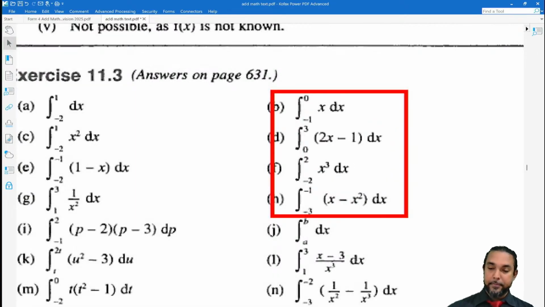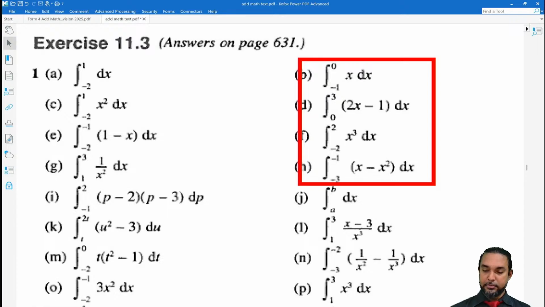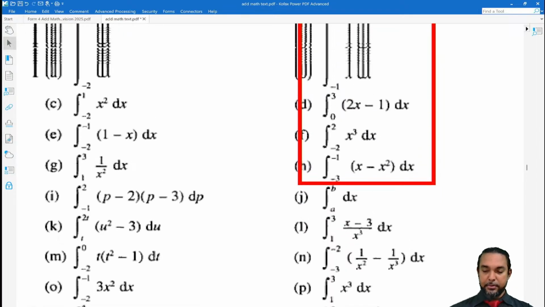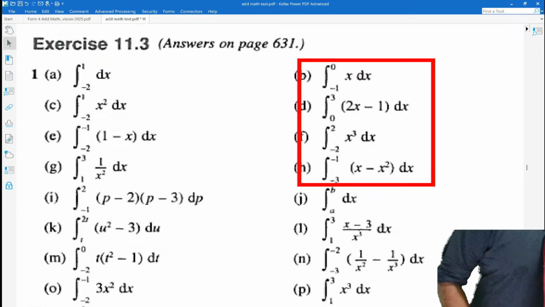Right, so integral of x between 0 and -1, integral of 2x minus 1 between 3 and 0, integral of x cubed between 2 and 1. Okay, you're okay with those four? Or you want something harder to do? All right, cool. That sounds good. So we'll do that, and then we will try a couple more. We'll come to those. Let me go and check if we don't follow them.